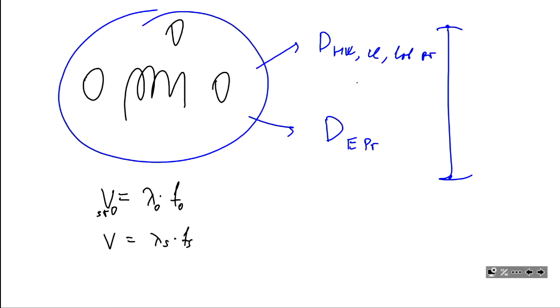And in this case, V represents the speed of the sound relative to the ground. Wavelength represents wavelength measured by a stationary observer from a stationary source. Frequency represents frequency of the sound measured by the resting observer from a resting source. That's what it is.